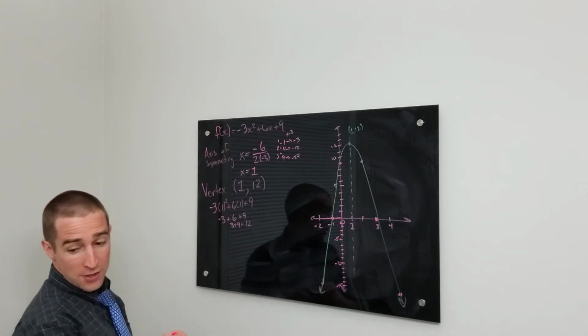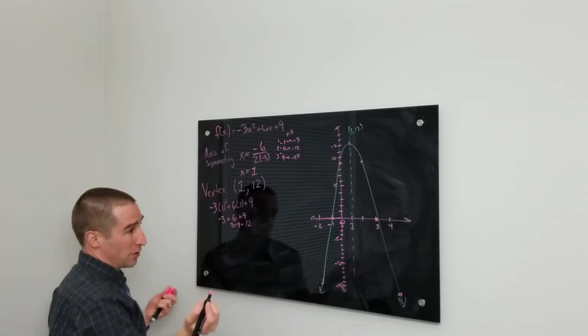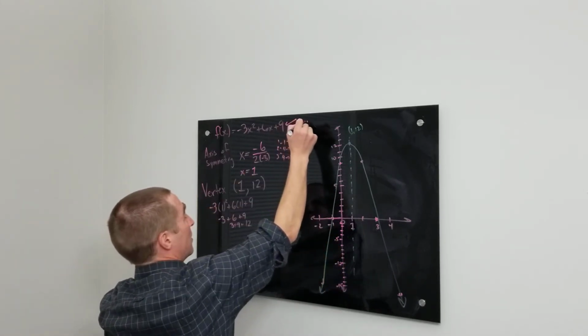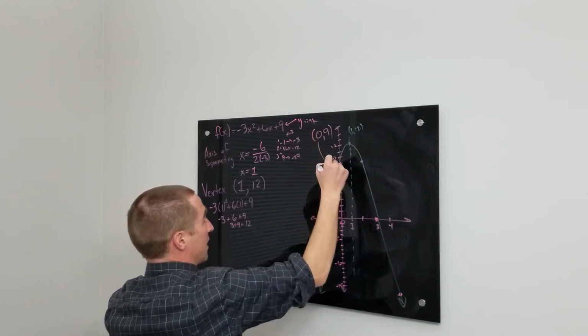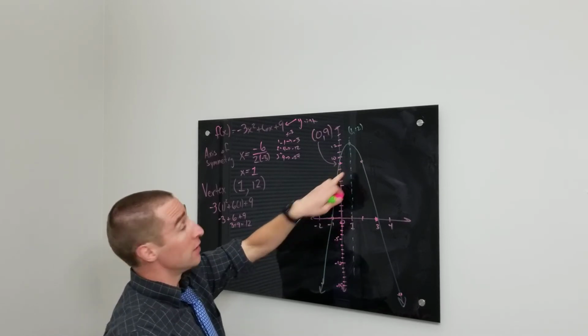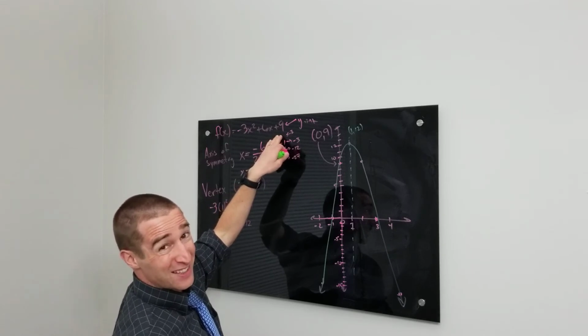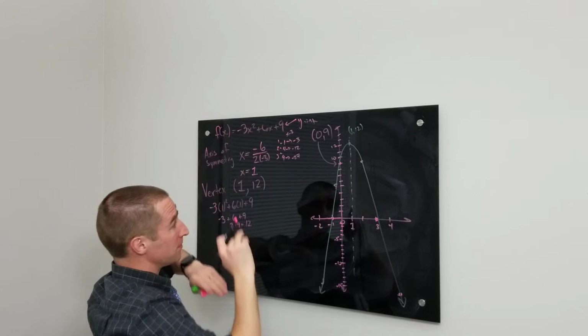All right, so now we've got to answer the other questions. Actually, let's go x- and y-intercept first. Y-intercept is at 0, 9. We can see that on the graph, and it's the C number, the last number, the number that doesn't have an x in it. So if I put 0 in for x, we're just left with 9.